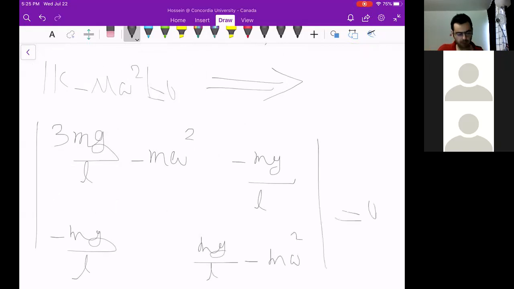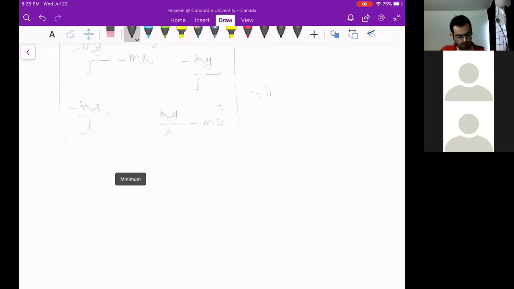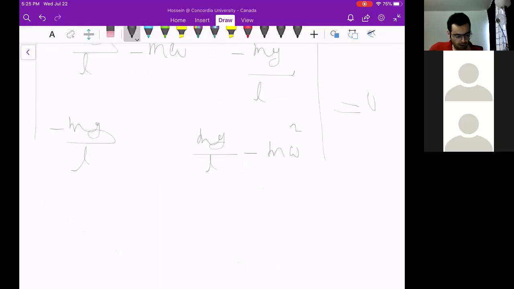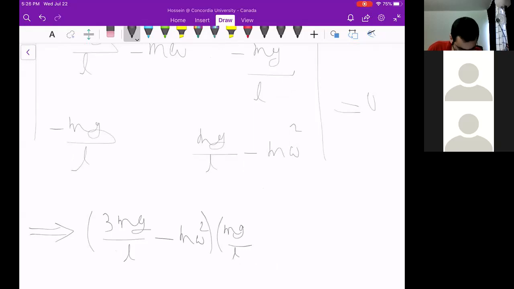So this equation will give you the natural frequency of the system. So you have to multiply then 3 mg over L minus m omega squared, times mg over L minus m omega squared, minus mg over L squared, is going to be 0.